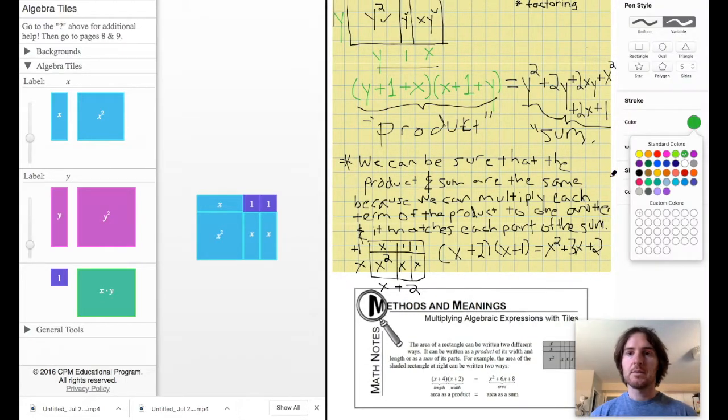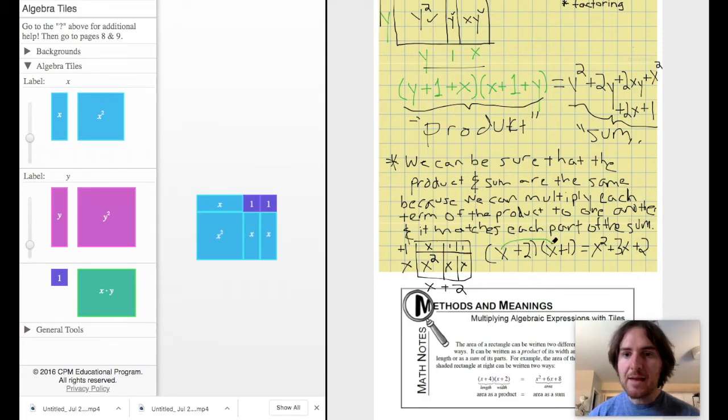Because, right, we know that x times x equals x squared, and we also know that x times 1 is x, so x times 1 is x, x times x is x squared. We also know that 2 times x is 2x, and 2 times x is the 2x's right here.